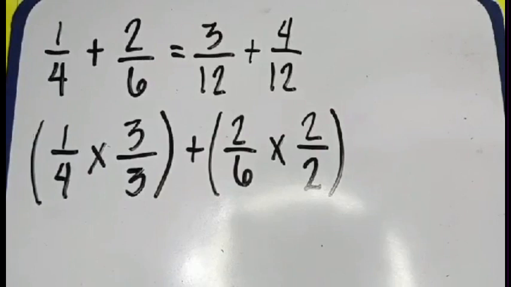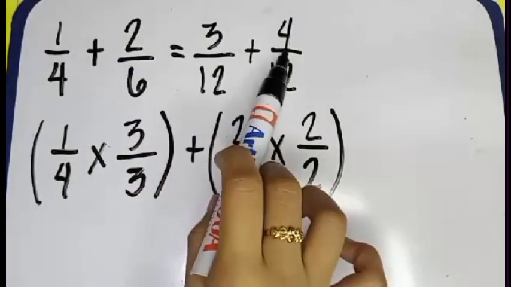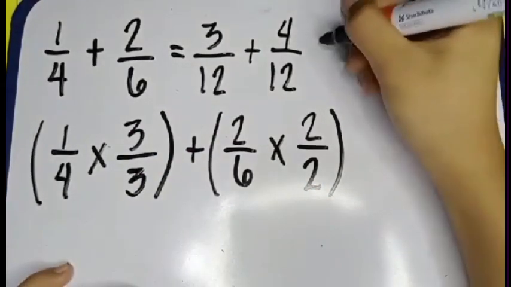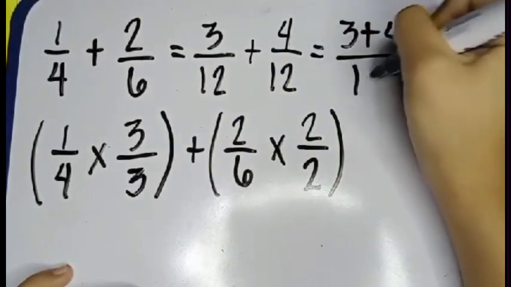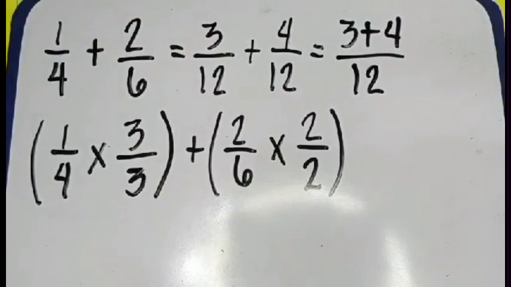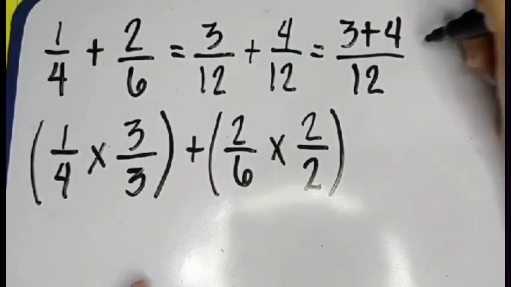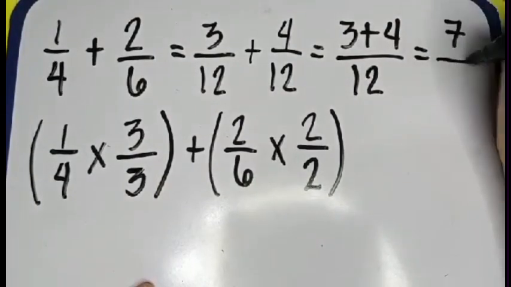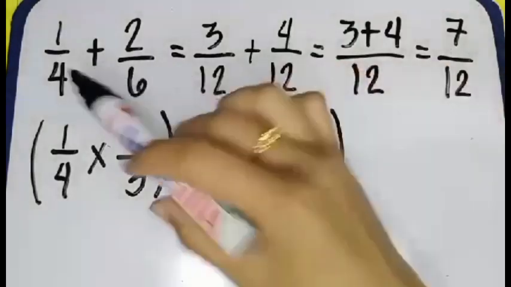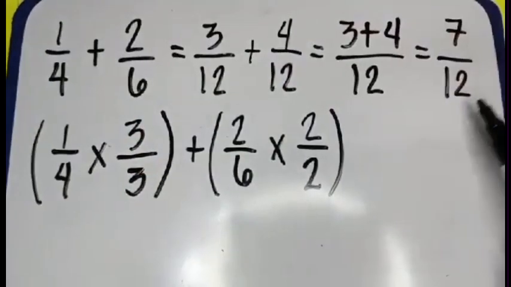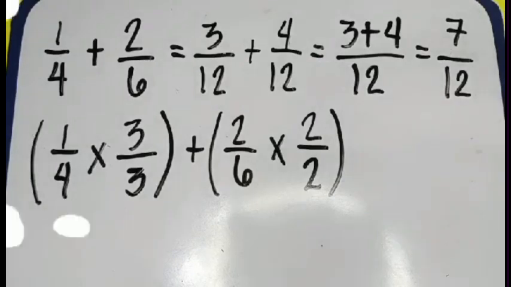The two fractions now have like denominators, so we can simply add the numerators. 3 plus 4, then copy the denominator, and that will be 7 over 12. This fraction cannot be simplified, therefore 1/4 plus 2/6 is equal to 7 over 12.